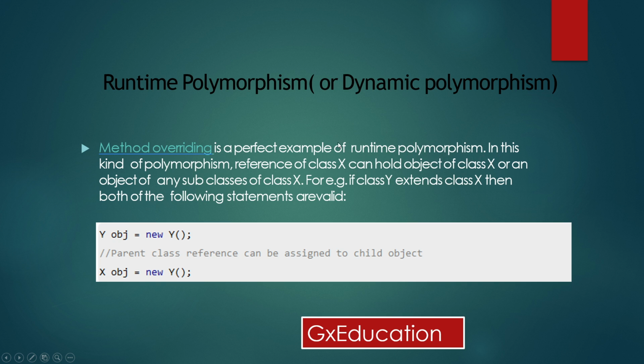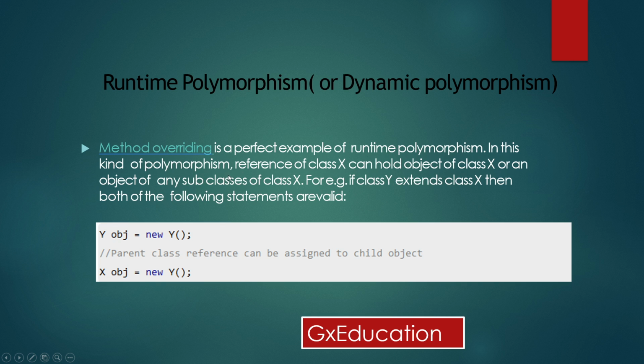In this kind of polymorphism, a reference of class X can hold an object of class X or an object of any subclass of class X. For example, if class Y extends class X, then both of the following statements are valid.